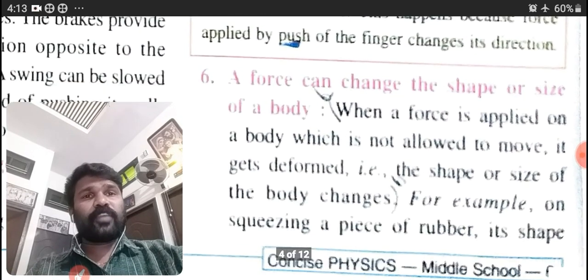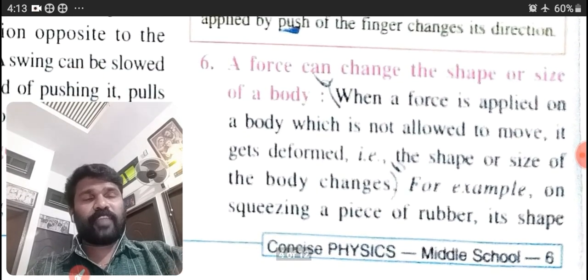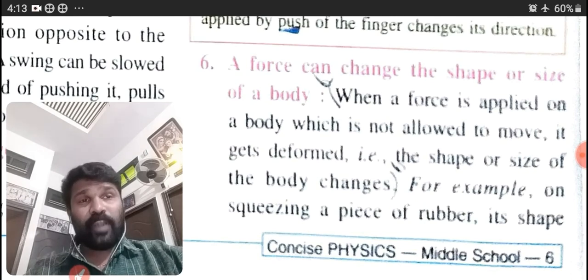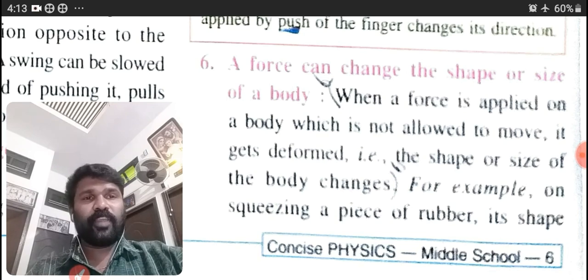Okay, now the sixth effect: a force can change the shape or size of a body. When a force is applied on a body which is not allowed to move, it gets deformed. That is, the shape or size of the body changes.